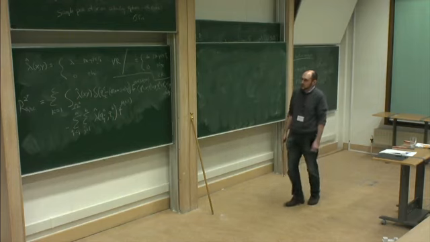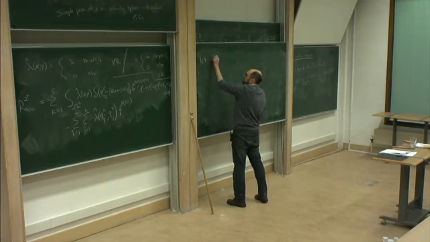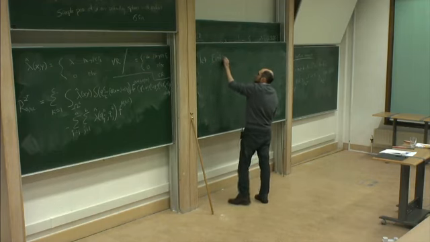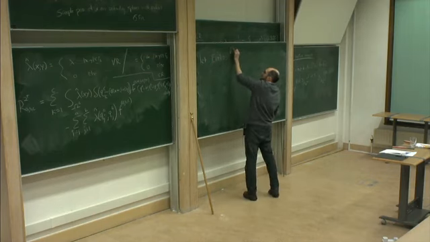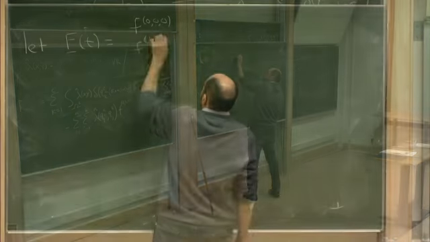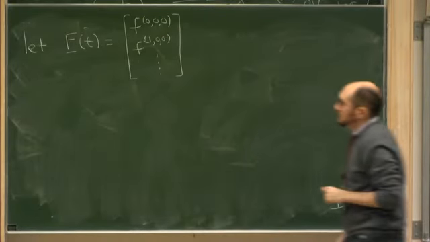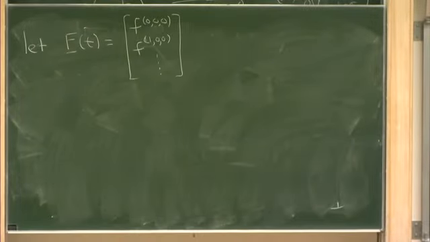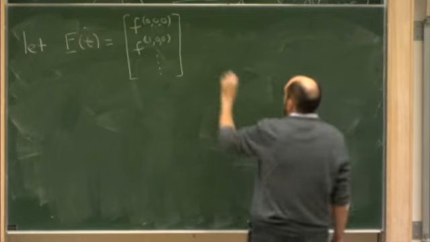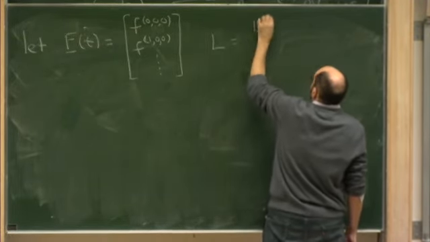So to write the whole thing compactly, let's make a state vector. I'll let the vector f of t be f0, 0, 0, f1, 0, 0, and so on. So I have a giant vector there. I can glump all these operators into effective operators. So L will be the infinite matrix.